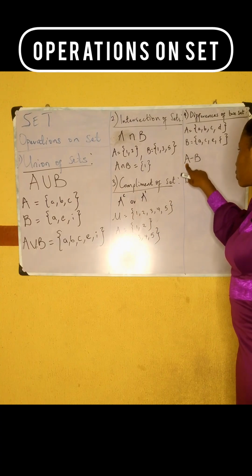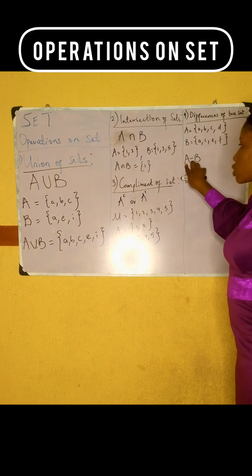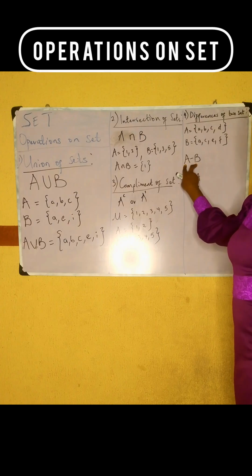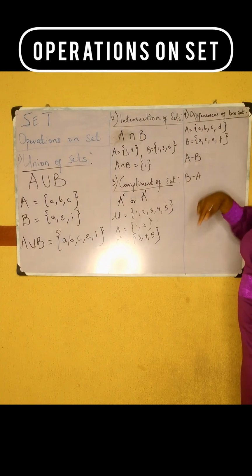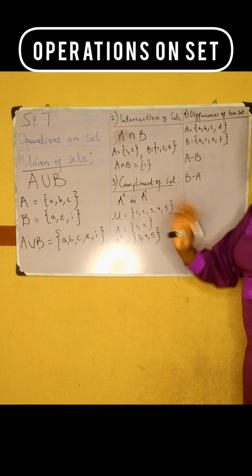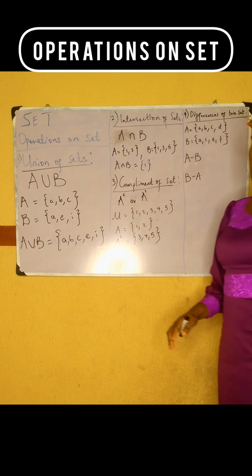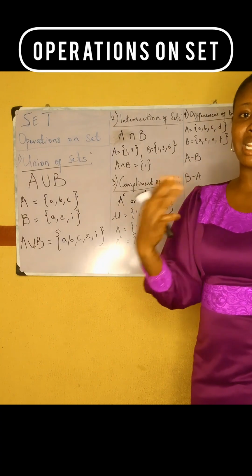Your focus should be on the first set. So you take out all those elements that are elements of B from A. So the difference of two sets is asking for those elements of A that are not elements of B.